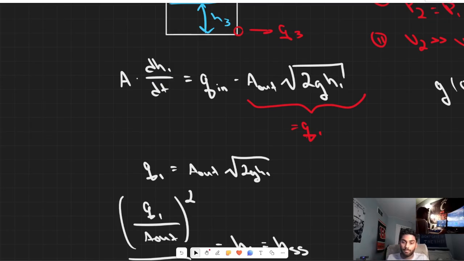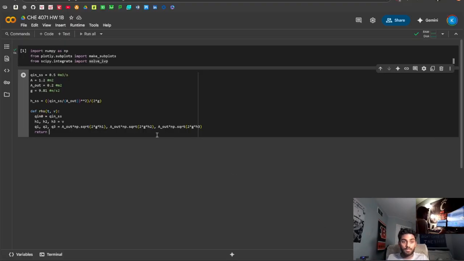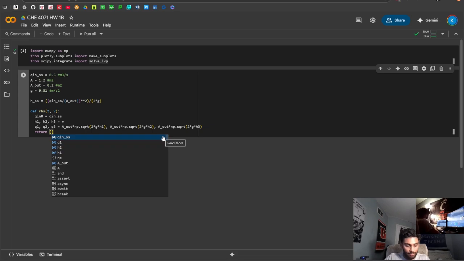So let's code this in. We want to return this for each of the tanks, because each of the tanks is going to change height at a different rate once we increase the volumetric flow rate, and we'll show that in just a minute. But for right now, let's just get this coded in. So we want dh dt. dh1 dt is equal to Qn, I'll return this as an array.